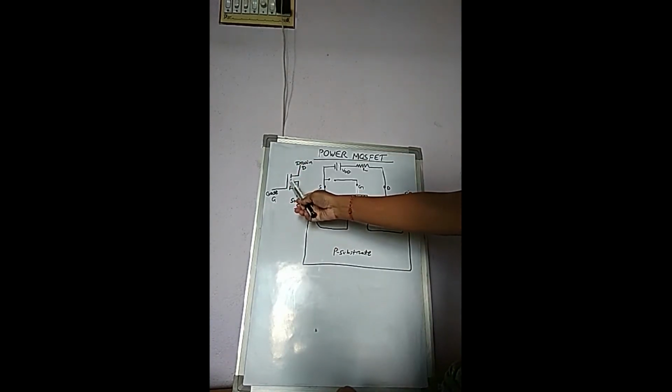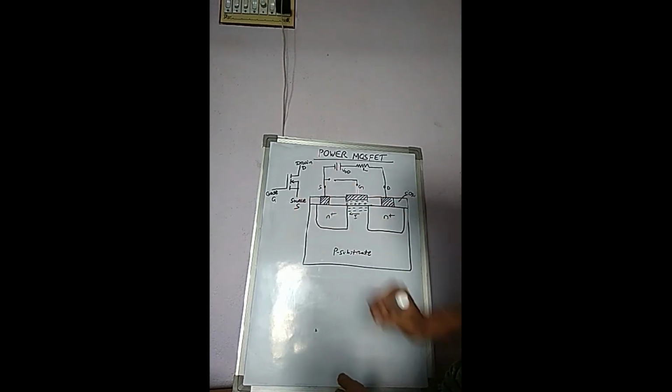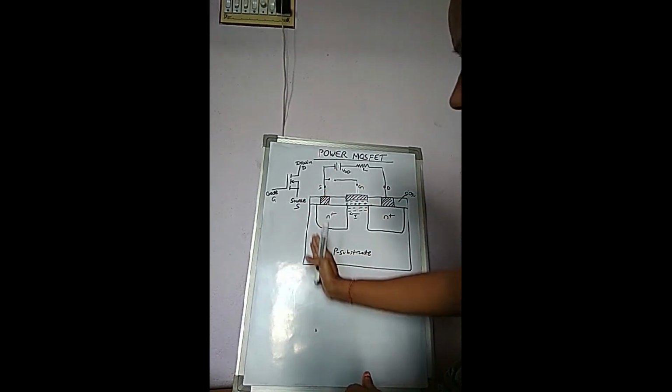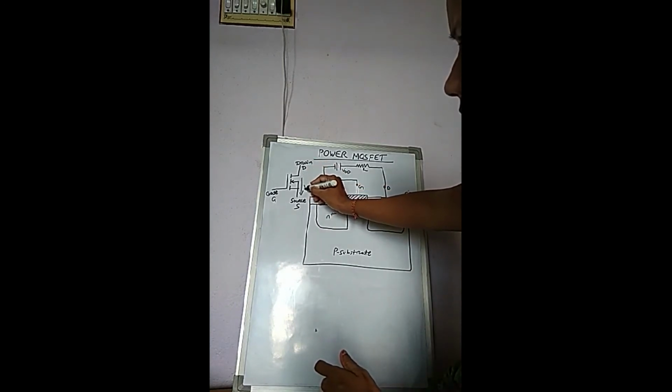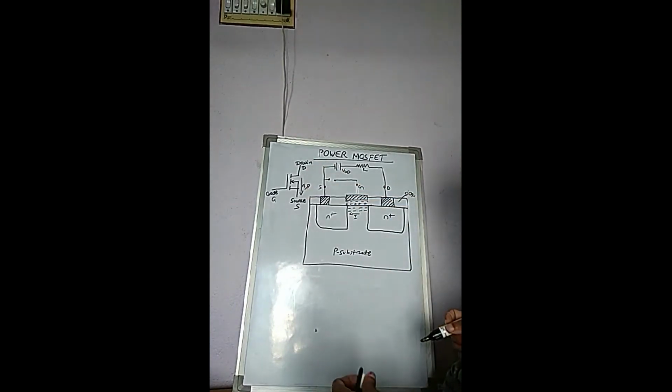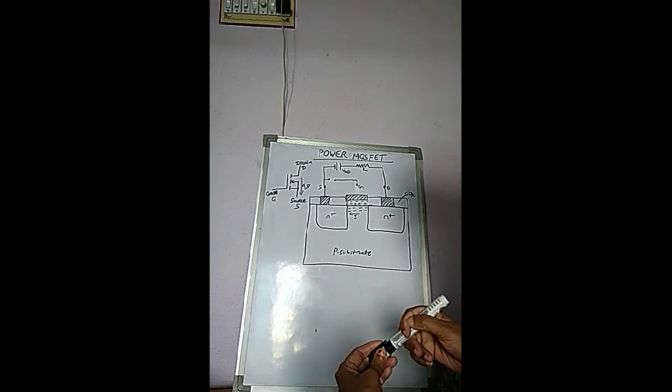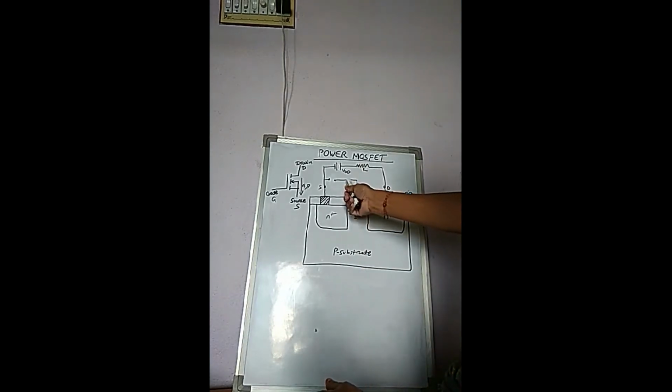This arrow shows the direction of flow of electrons. If the electrons flow this way, the current flows the other way. ID is the drain to source current. So once this gate circuit is open, there is no current flowing from drain to source, and no current flows through this load, because there is one reverse biased N plus P junction.